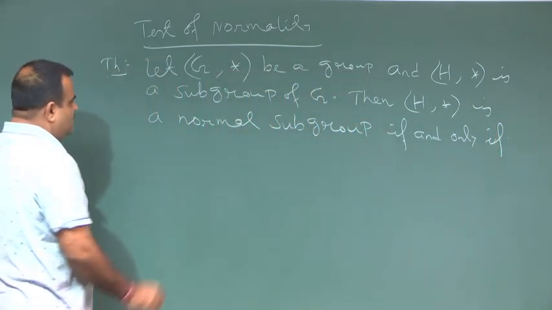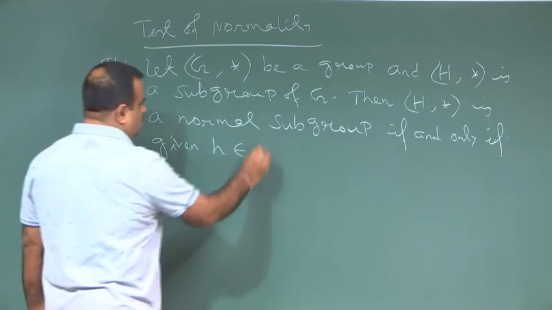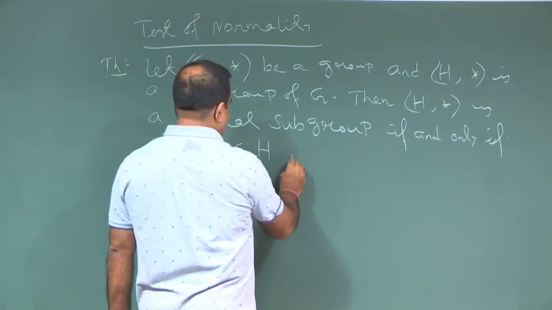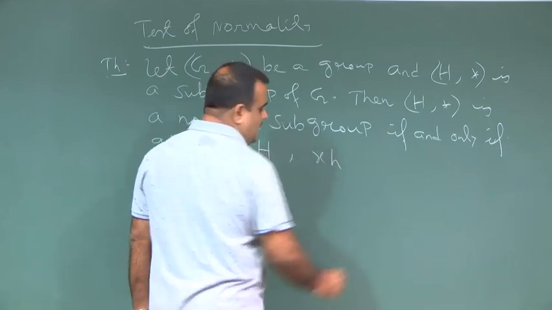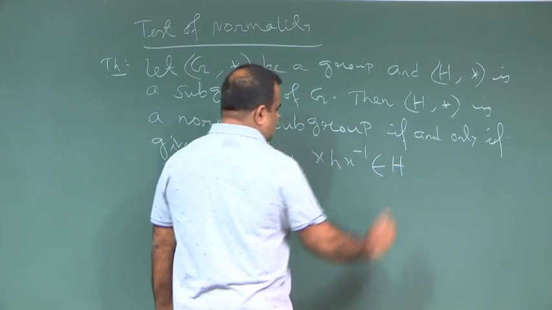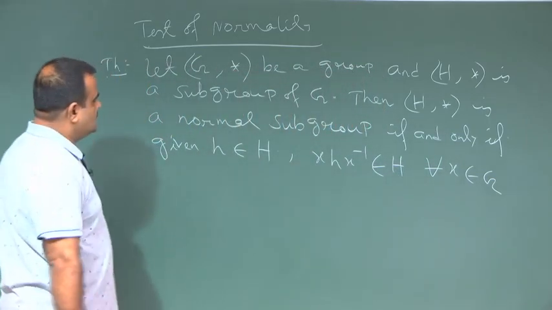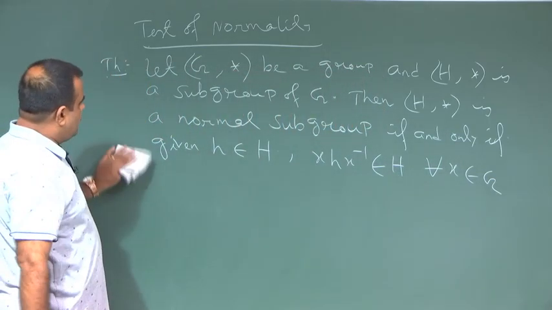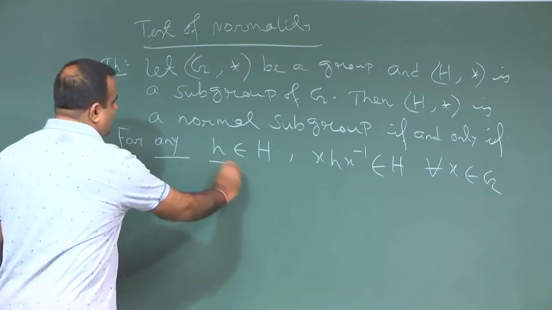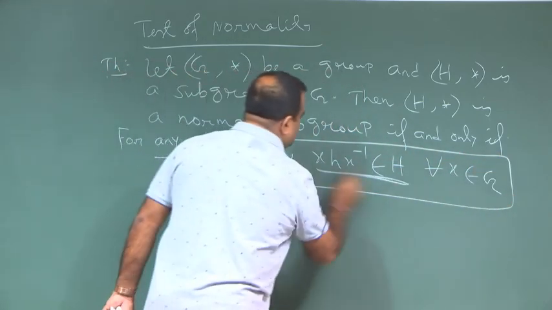Given an h belongs to H, we take an element from H, then x h x inverse belongs to H for all x belongs to G, and this is true for all h also. So, for any h, this must be satisfied. So, this is the condition.